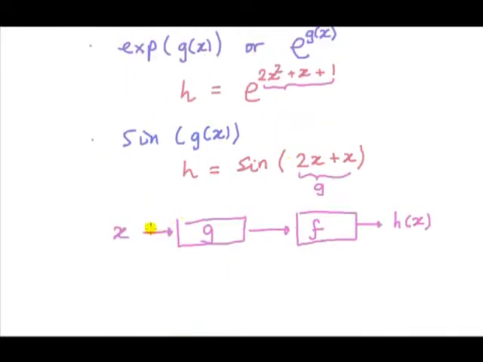So all those cases can be seen as this, and that's why we can apply the chain rule, because what we have is a function of a function. And before we start looking at examples of how to apply this chain rule, I just have to remark that this chain rule can be applied to more than two functions.